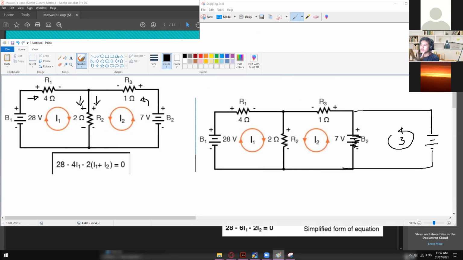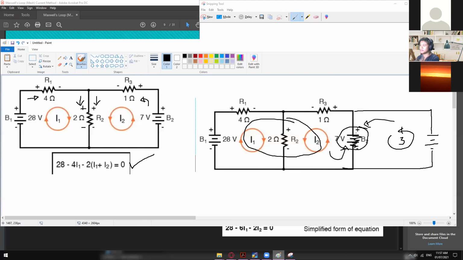If it's 3 meshes, then in here we still have the same assumption. It will come up with this one, and in here it will give you another assumption wherein we're only dealing with I2 and then I3. Wherever they meet, those are the only things you need to consider. For example, right here we have I3 flowing in, and I2 flowing in right here.